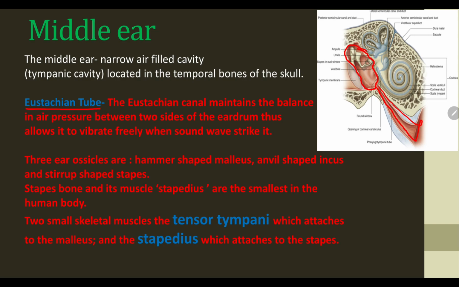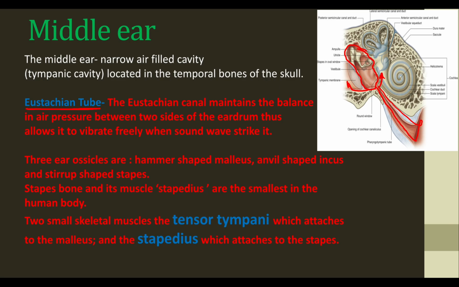This Eustachian tube connects with the pharynx and maintains the balance of air pressure between both sides of the eardrum. Unless it is connected on both sides, the air pressure will not be balanced, and the person will not hear things clearly.